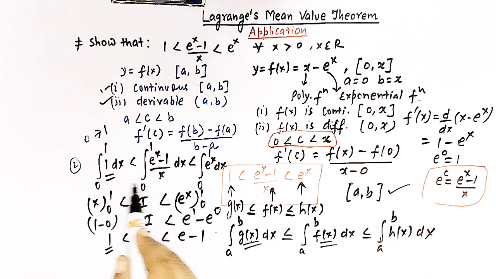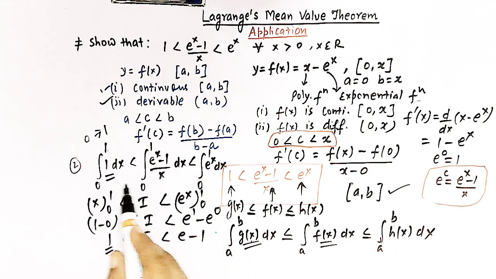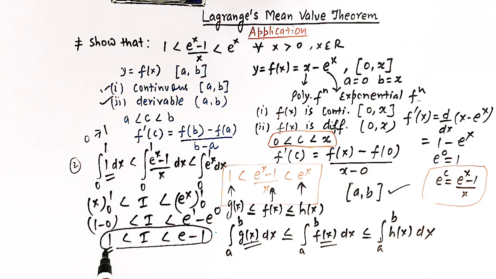So here we have integrated throughout from 0 to 1, where a is 0 and b is 1, right? And we have obtained this integral inequality, that is I is greater than 1 but less than e minus 1, right? So viewers, this is how we can make two important deductions using this important inequality.